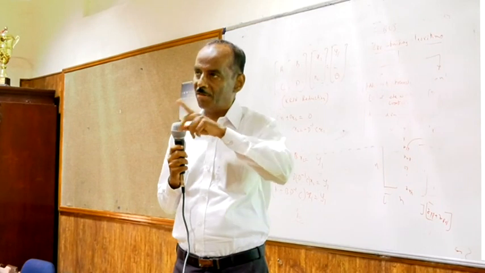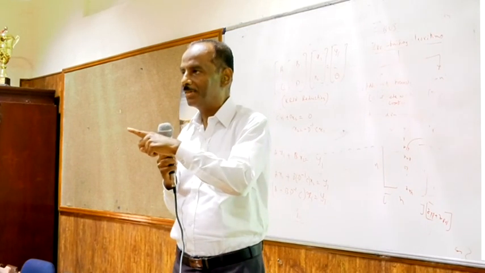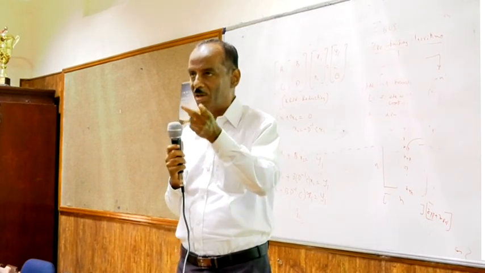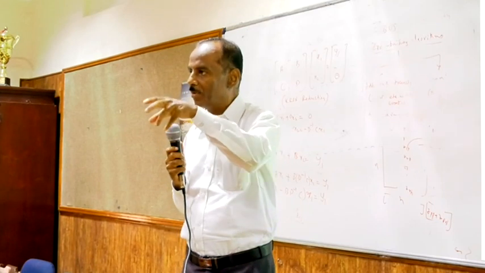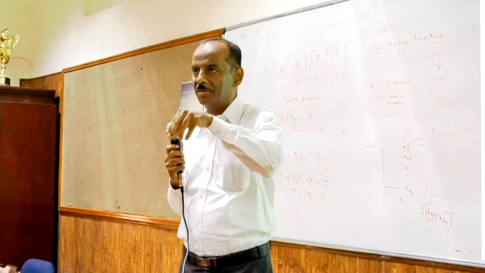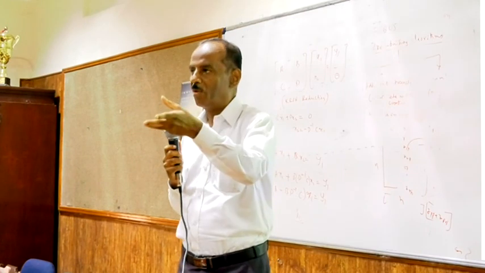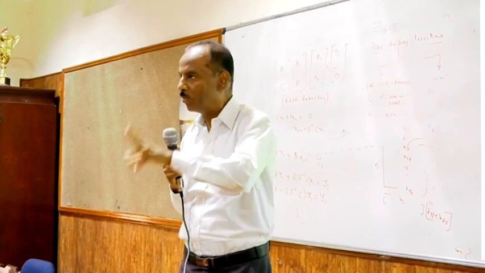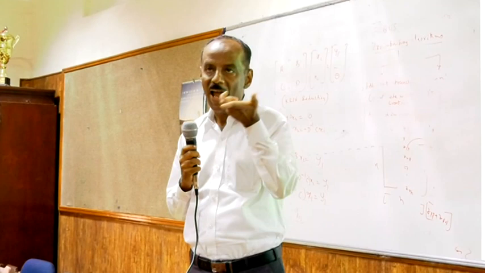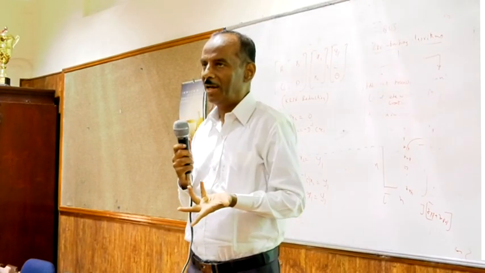See, research development is different, technology development is different. Research development means you take a base paper, go through the subject matter, and then further what you are going to do, and you try to prove that your approach is much better than the existing one. That is research and development.